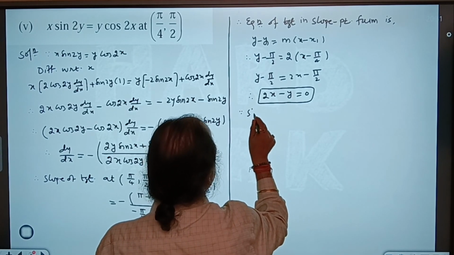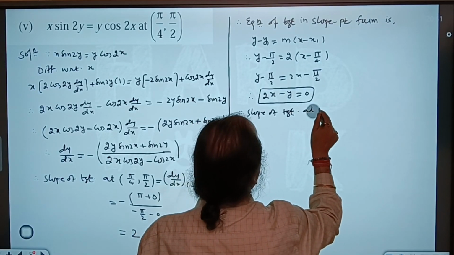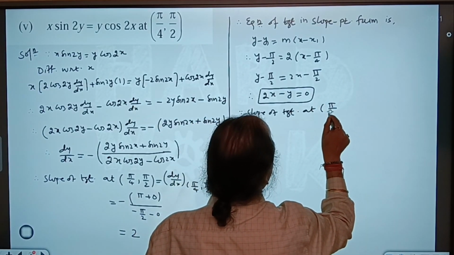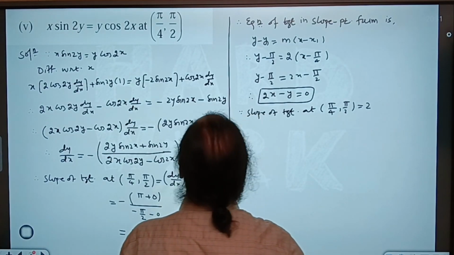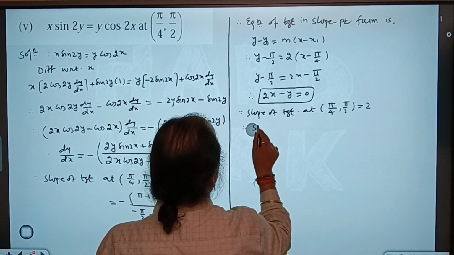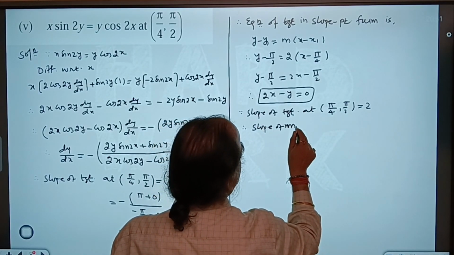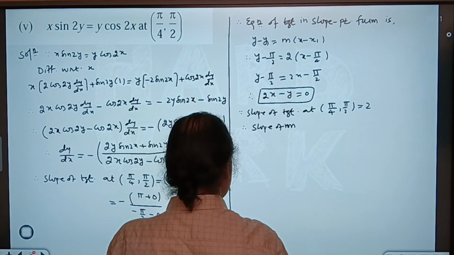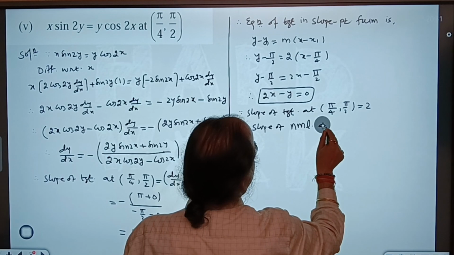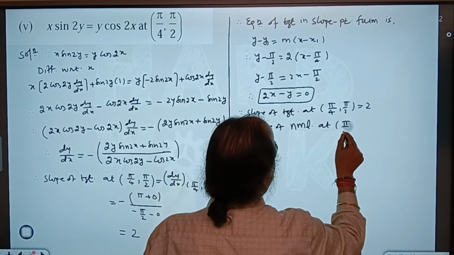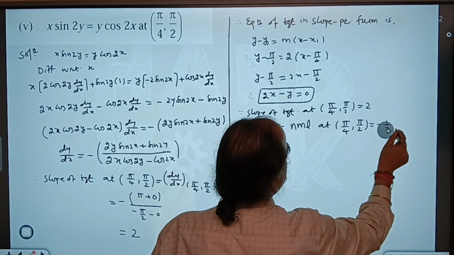Since slope of tangent at pi by 4, pi by 2 is equal to 2, therefore slope of normal at pi by 4, pi by 2 will be minus 1 upon 2.